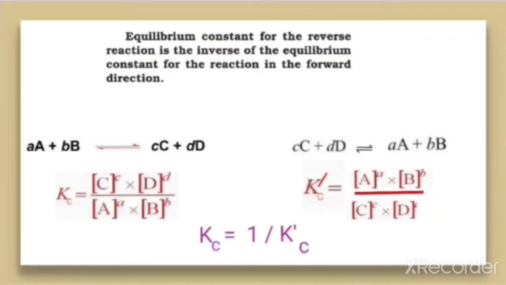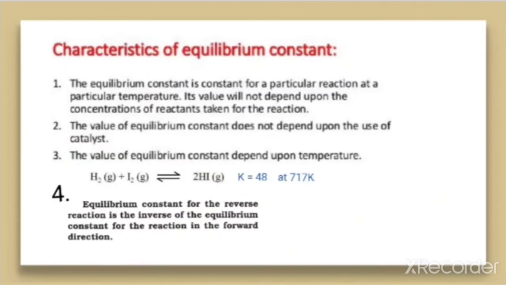So let us see the important characteristic features of the equilibrium constant. The equilibrium constant is a constant for a particular reaction at a particular temperature. That is important. That means its value depends upon temperature.